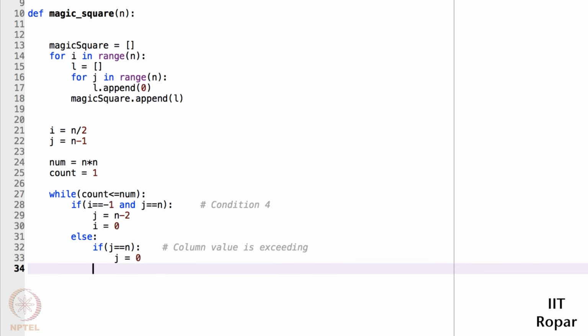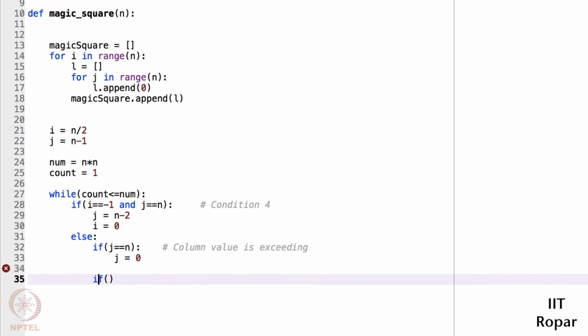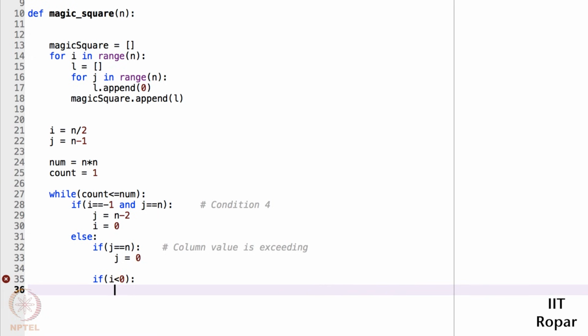Now this is an OR condition, so I don't have to write else here, because I have to check both things. After checking this, I will check this also, not only this or this. If i becomes less than 0, then i is equal to n minus 1.